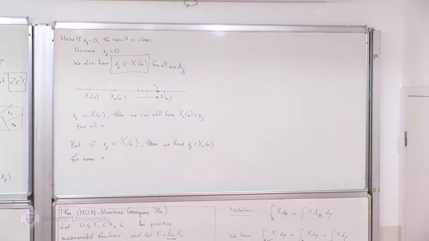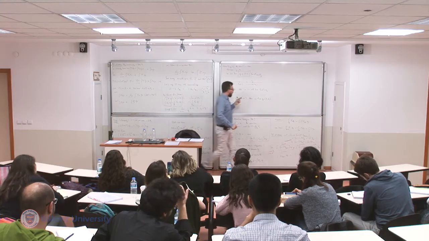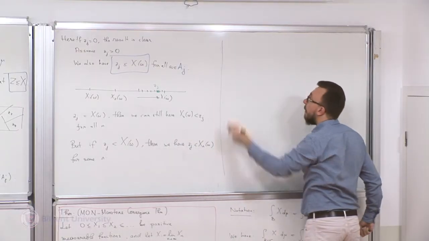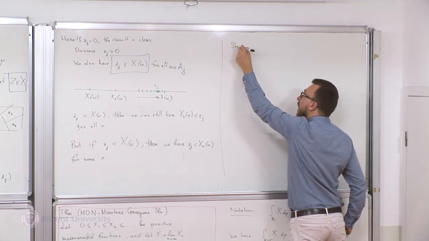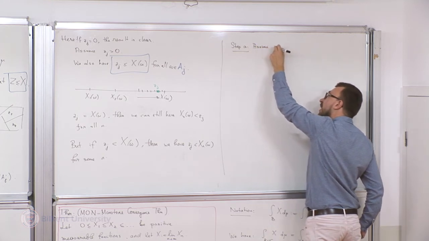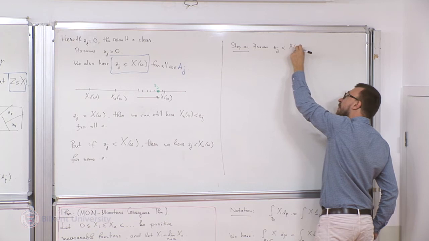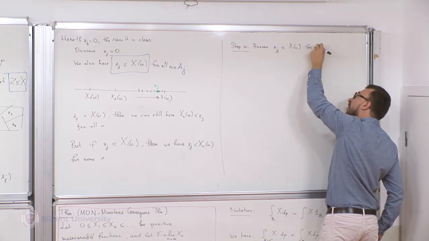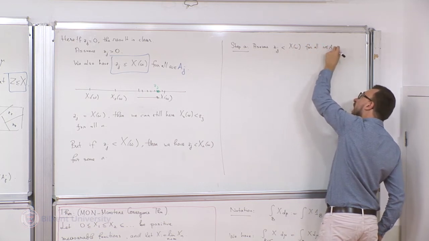So that's a main observation. Therefore, we will proceed in two steps. Step A is that assume Zj is below x of omega for all omega in Aj.